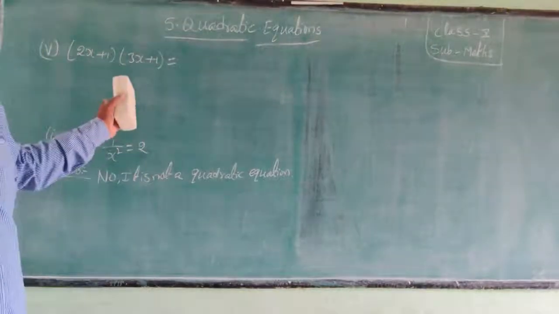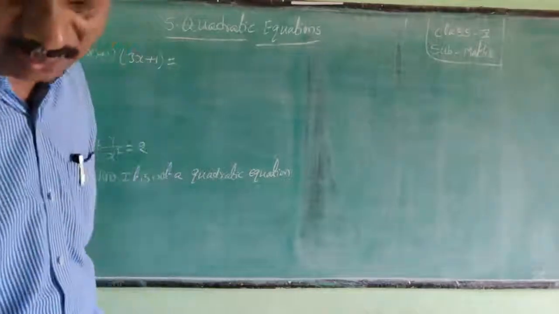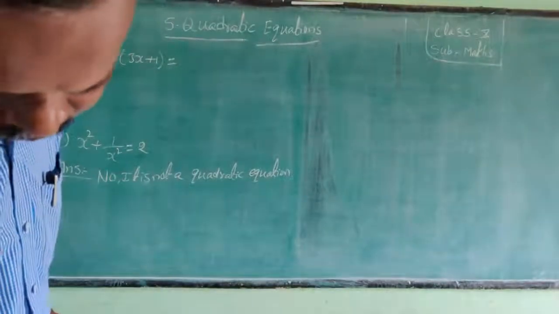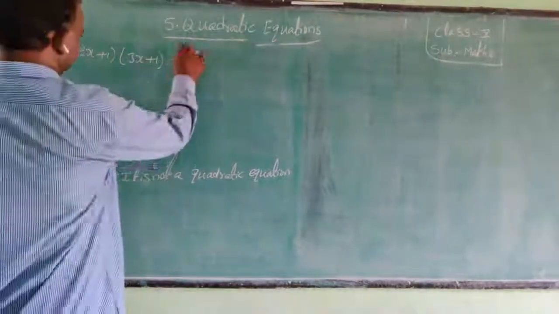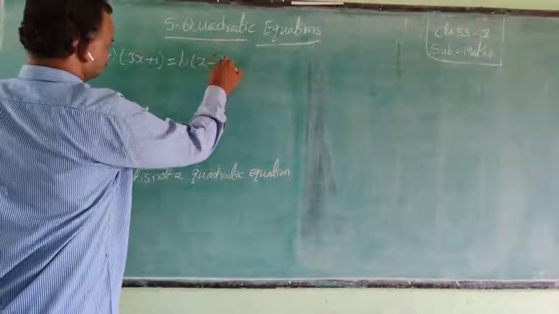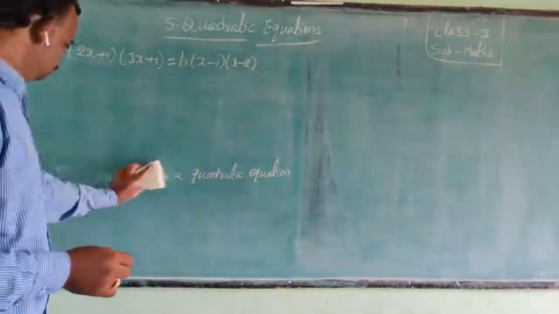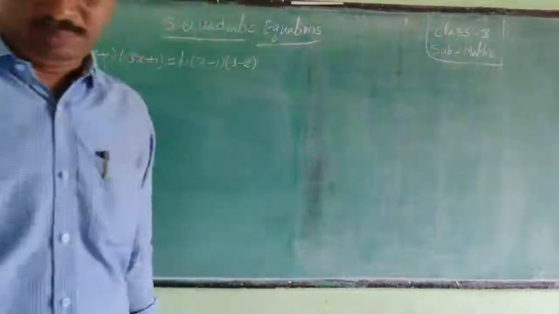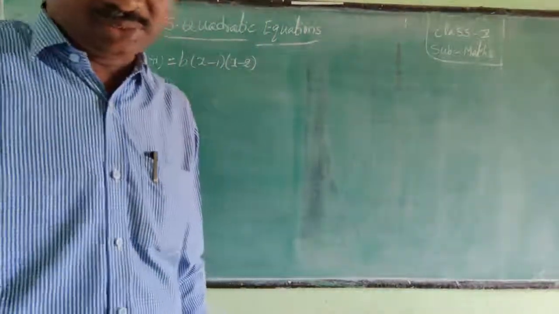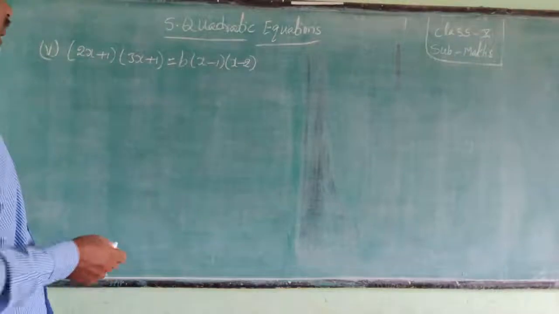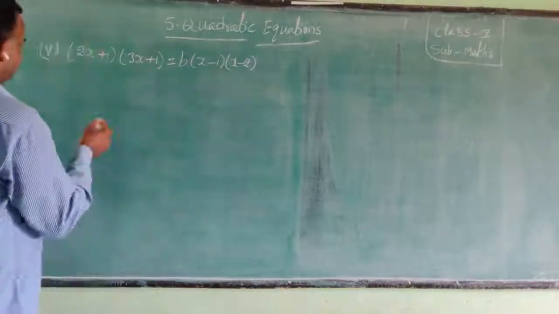Two x plus 1 into 3x plus 1 is equal to b into x minus 1 into x minus 2.